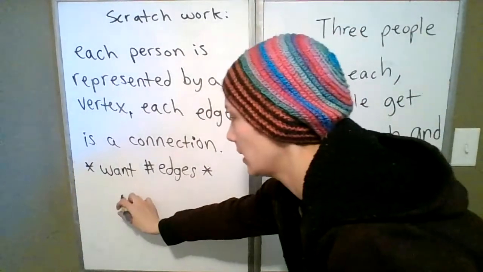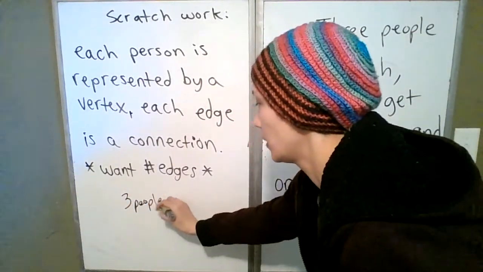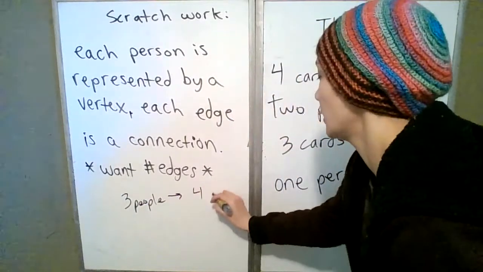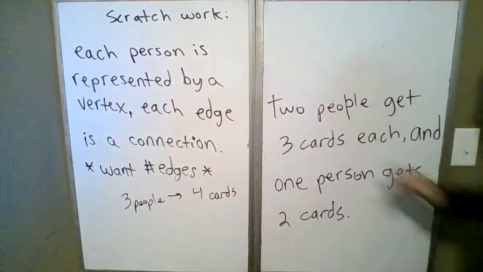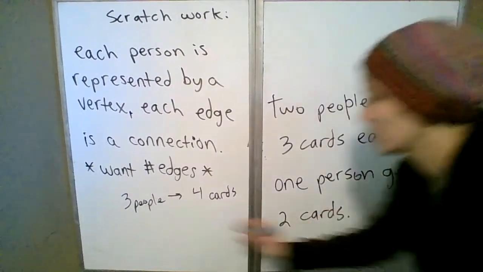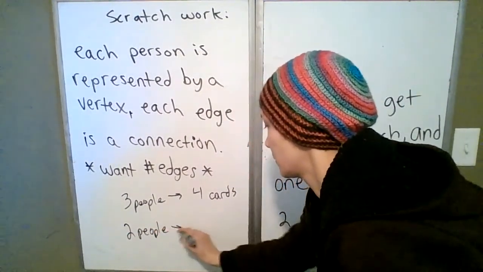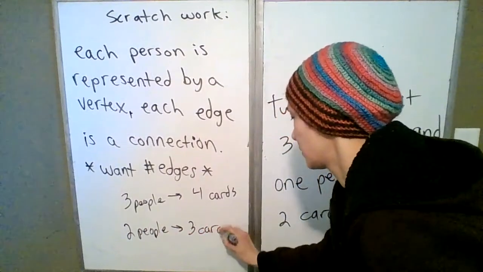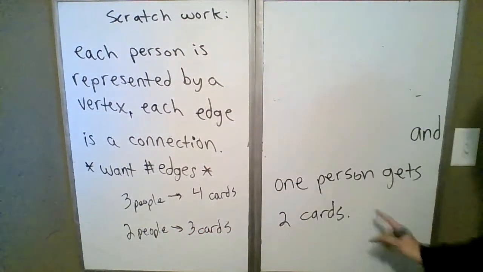I'm going to do shorthand. There's 3 people who get 4 cards. 2 people get 3 cards. 1 person who has 2 cards.